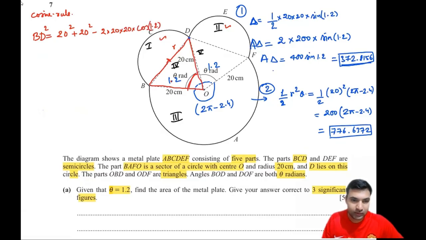All right, so from here we get BD squared is equal to 800 minus 800 cos of 1.2. So we get BD as the square root of this value.